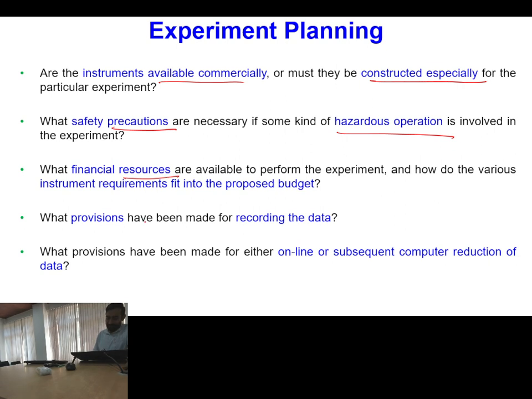And what provisions have been made to record data. Of course, when you have steady state measurement, you can simply have analog displays or digital displays, a multi-channel digital display, and then record data. But if you have simultaneous measurement, then it will be different. For some parameters you need to do computer reduction of the data.